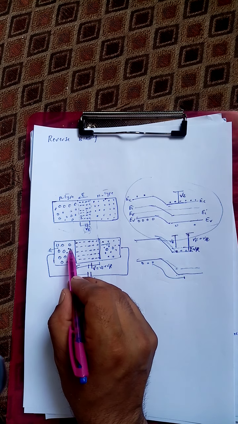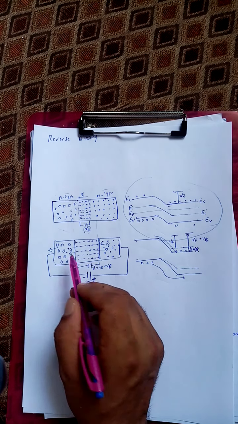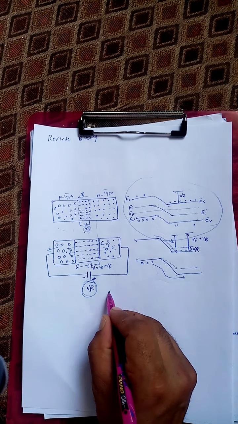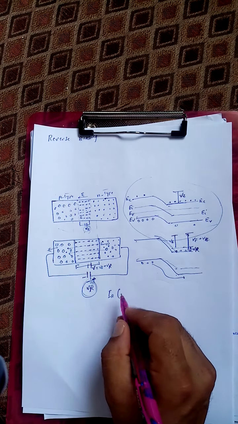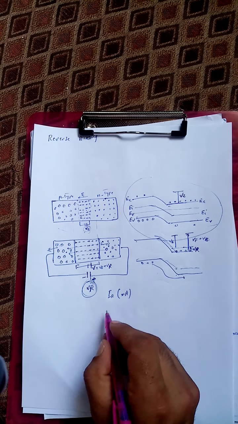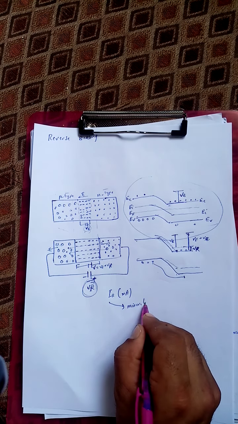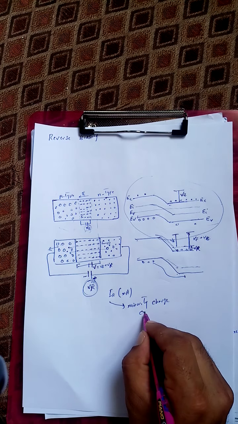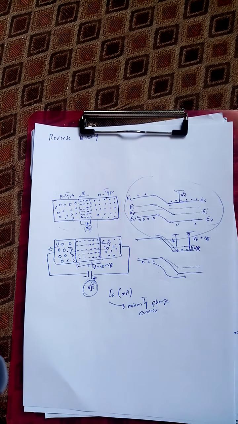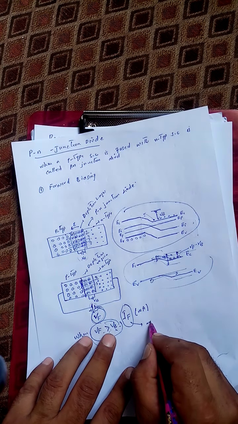So maybe this electron will move to this side and this hole will move to this side. So we have a current, which is called reverse biasing current, which can be measured in milliampere. But this current is due to minority charge carriers, while in the case of forward biasing, this current is due to majority charge carriers.